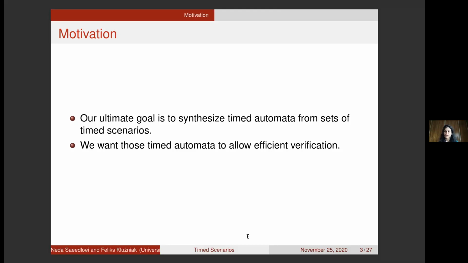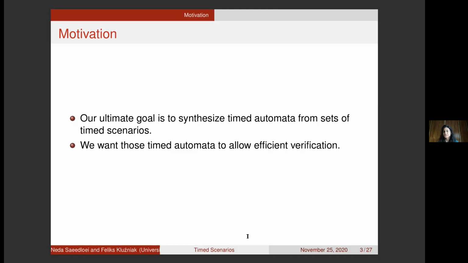Verification of timed automata crucially depends on the properties of the automata, in particular, the number of clocks and the maximum constants with which the clocks are compared. Clocks are just real-valued variables.